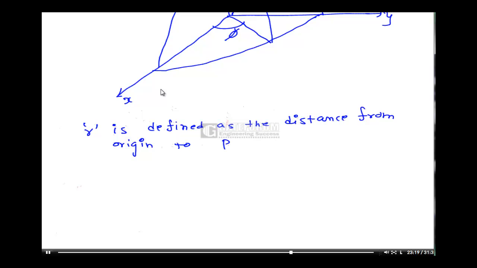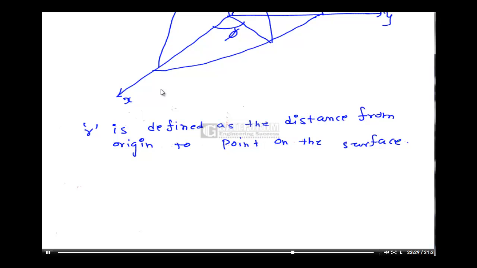Theta is the angle between the z-axis and the position vector P. That is the angle between the z-axis and the radius vector.